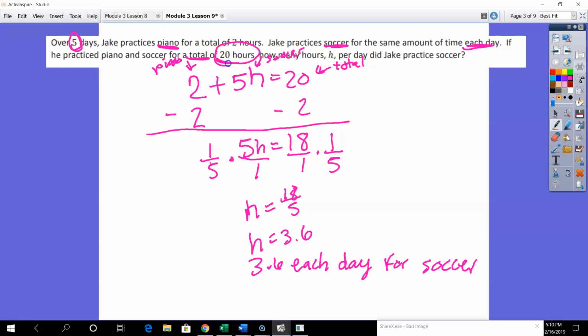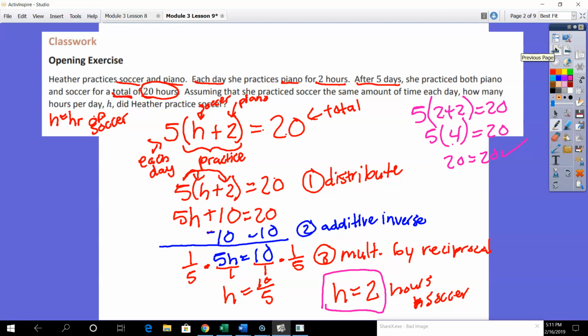We talked about a total of 20 hours, so that was all the same. The difference was they said a total of 2 hours instead of each day that they were doing the 2 hours.